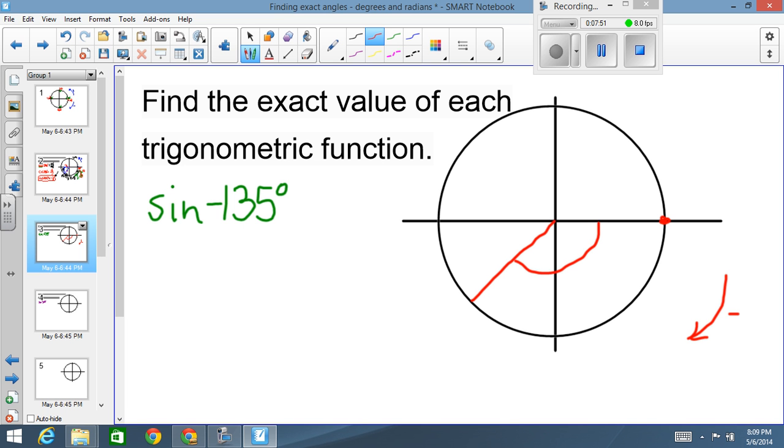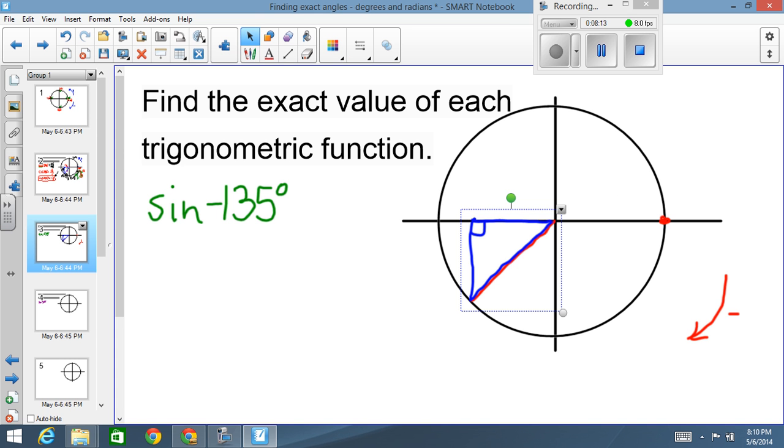This angle here is negative 135. Now remember though, when I draw my right triangle, I always want my right triangle to go up to the x-axis, or down to the x-axis. So I'm going up here, over to here, back down. This is a 90.